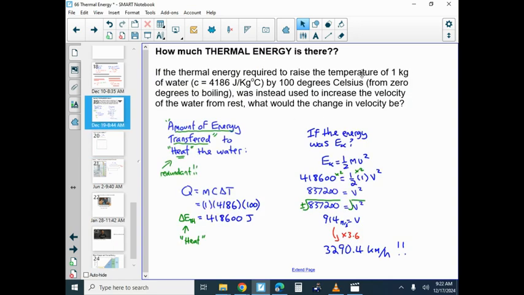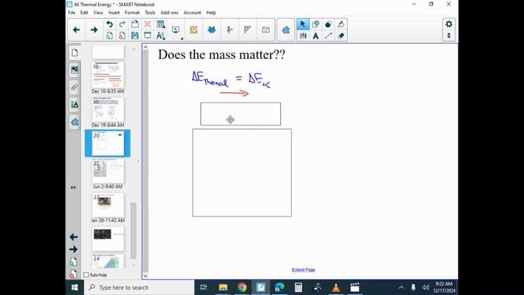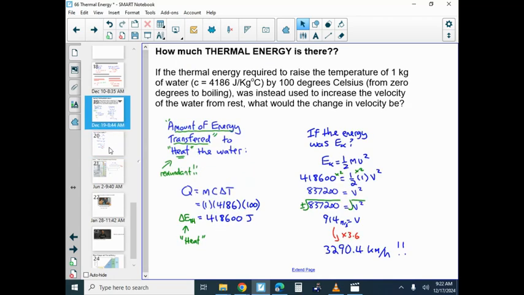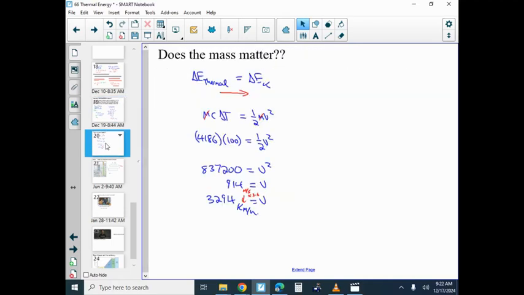I had the mass in there just to make it easy, but notice that we calculated the actual thermal energy first, and then used the kinetic formula to convert, but we didn't need the mass because we've got that same mass at the beginning and the end, right? So we get that same number. So just watch for that, okay? If you don't have the mass, you might think you can't do it, but you can.